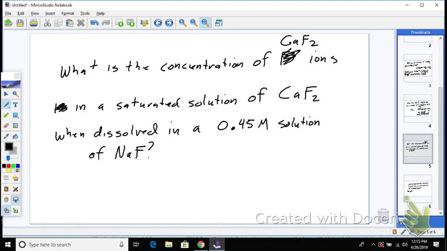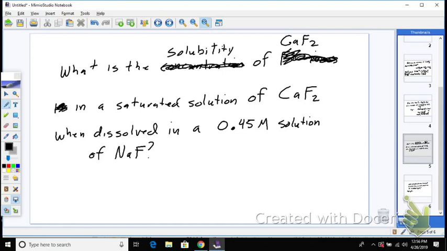I messed up on this. So what is the solubility? Okay, that's what I need to ask. I apologize for not having it set up right. What is the solubility of CaF2 when dissolved in a 0.45 molarity solution of NaF?